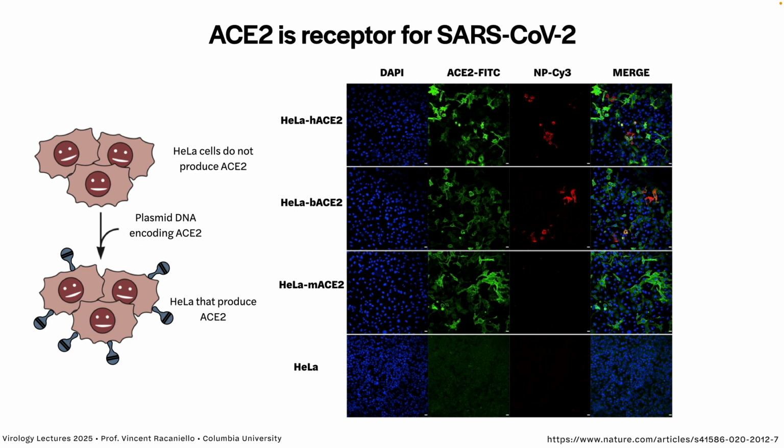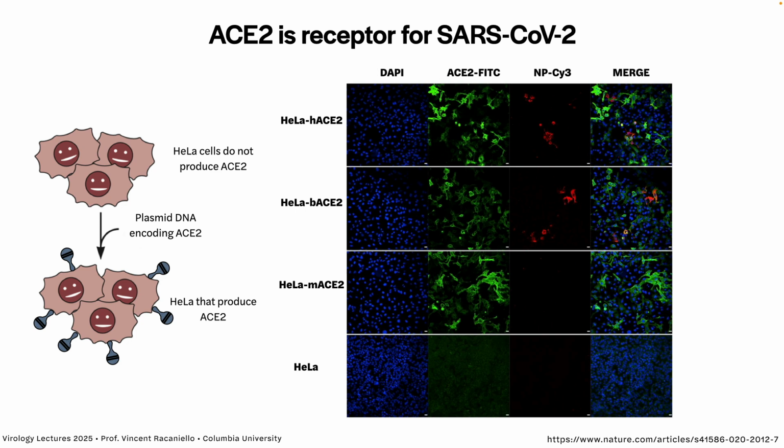But look at the third one, mouse ACE2. So we make HeLa cells with mouse ACE2. The protein is definitely expressed on the cell surface, the green, but when you infect with SARS-CoV-2, there's no infection, there's no red color. And you can verify that with a plaque assay if you'd like. So mouse ACE2 cannot bind SARS-CoV-2, which is an important finding because if you want to make a mouse model, this was relevant.